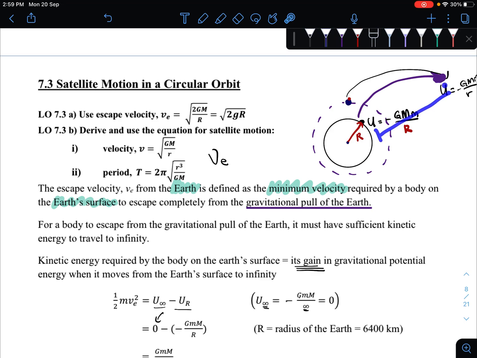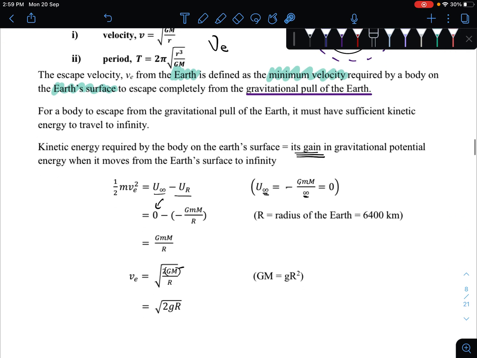So the gain in the potential energy from here to here is the kinetic energy that you require. The gain in the potential energy from the Earth's surface to infinity is the kinetic energy that you require for it to escape.